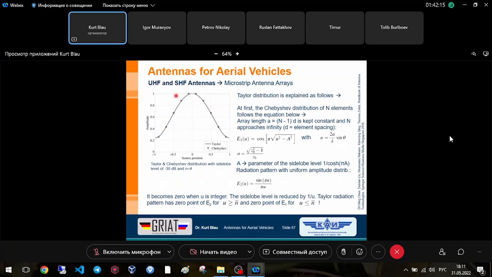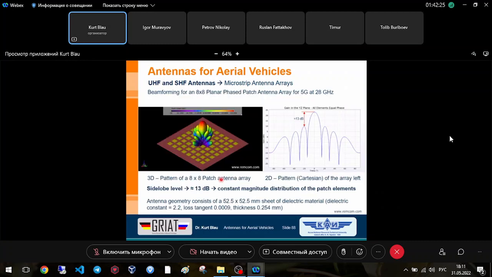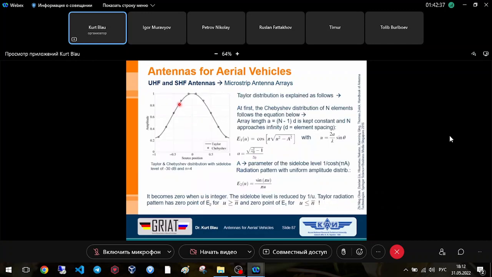But you can see that the elements in the middle of this array have a high magnitude, and the elements going toward the edge have the lowest magnitude in comparison with the center elements.